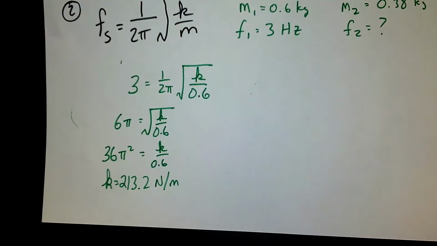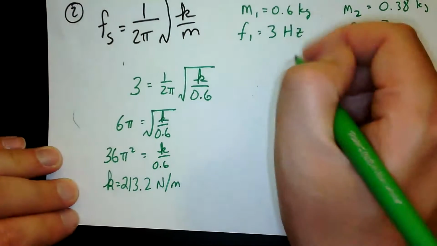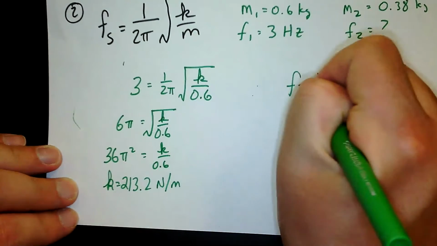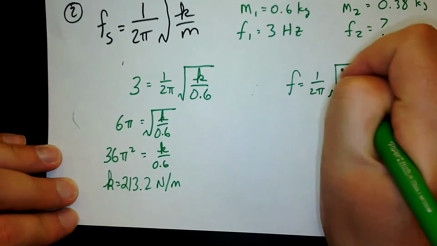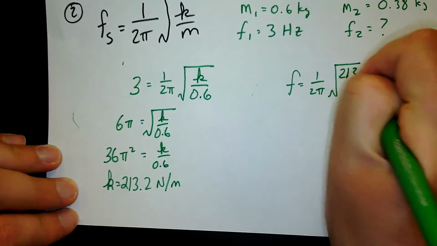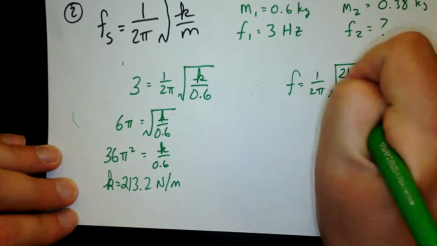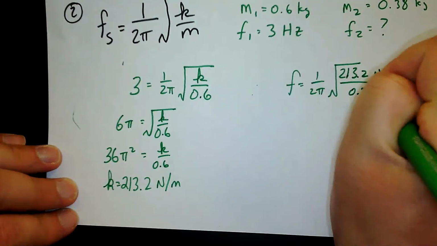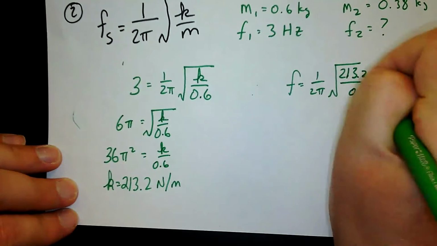Somebody double check me on that. Right, okay. So now I can go frequency equals 1 over 2 pi square root of K, that's the same, divided by my new mass, which is 0.38 kilograms.